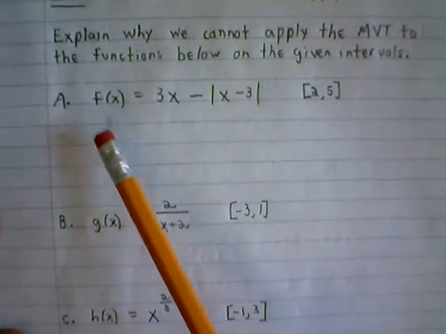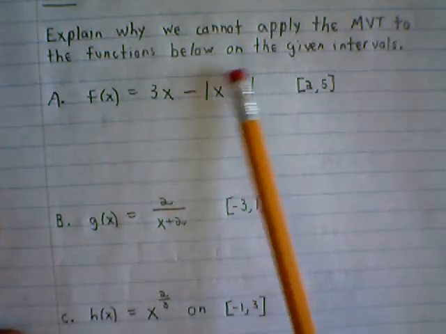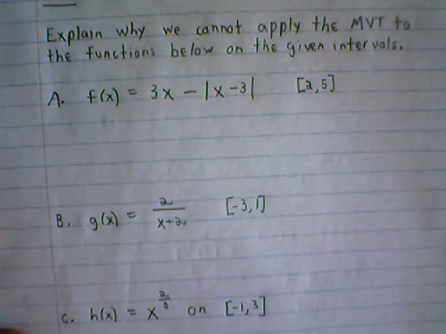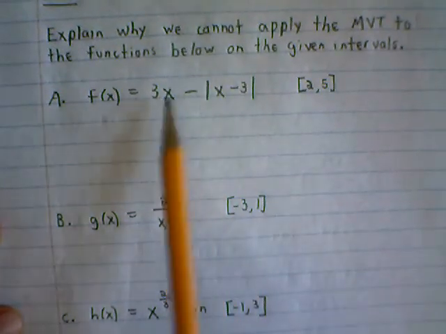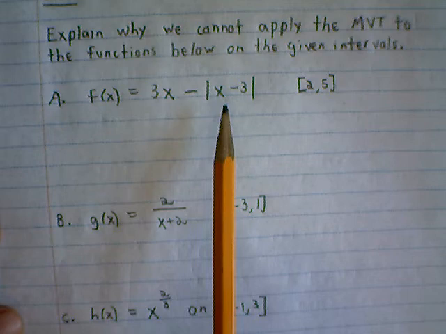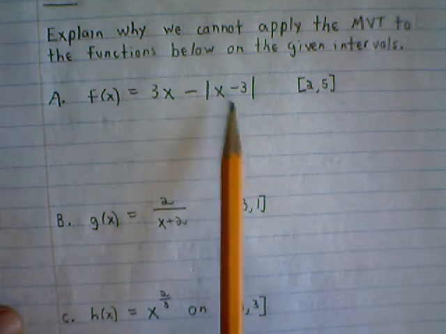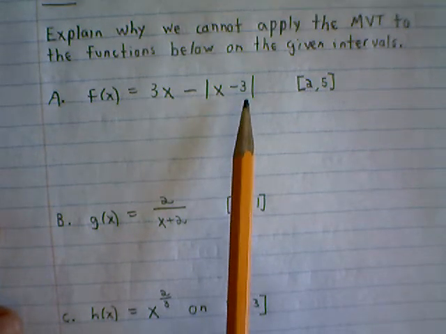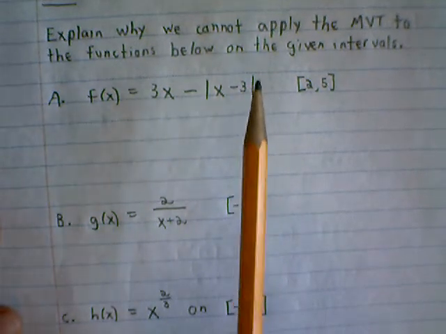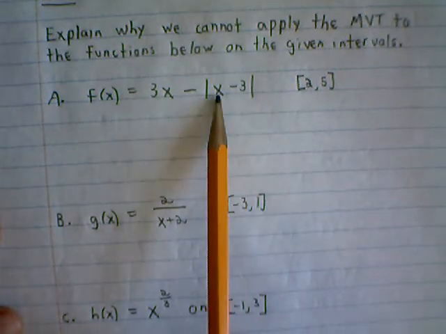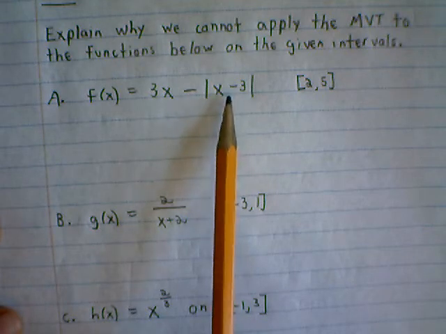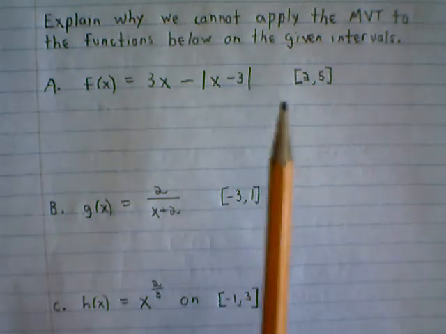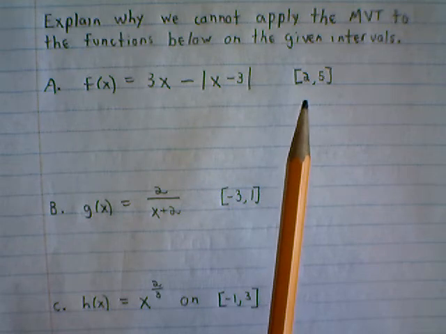Looking at A, f of x equals 3x minus the absolute value of the quantity x minus 3. I know this function is continuous. I can plug in any x value. However, because there's an absolute value, there's going to be a sharp turn or a corner. That corner happens when what's inside the absolute value equals 0.